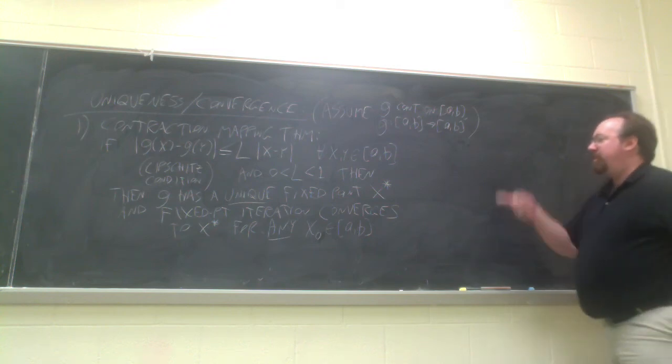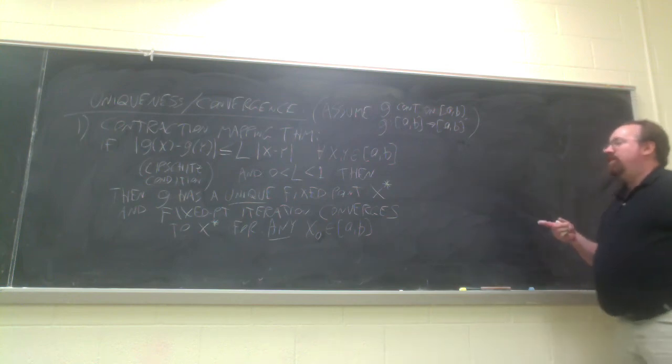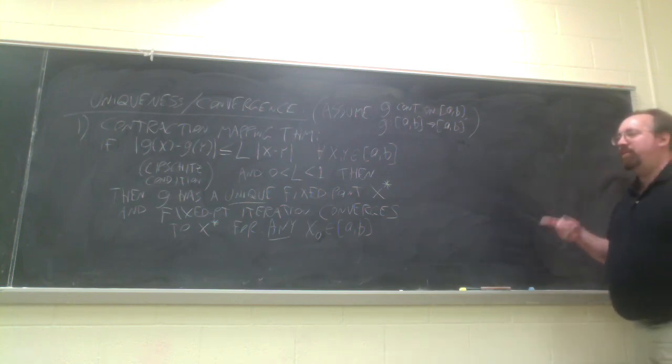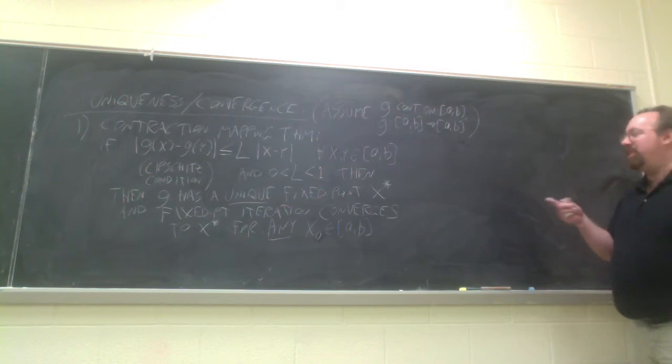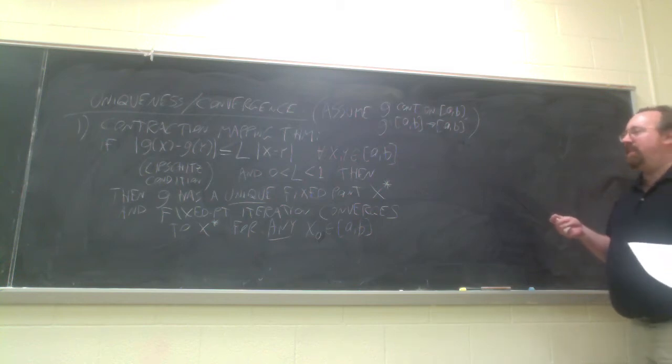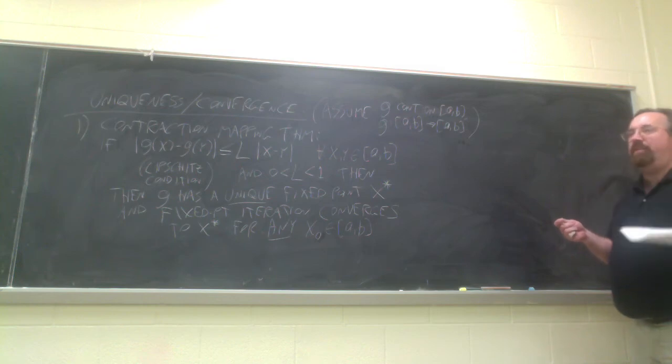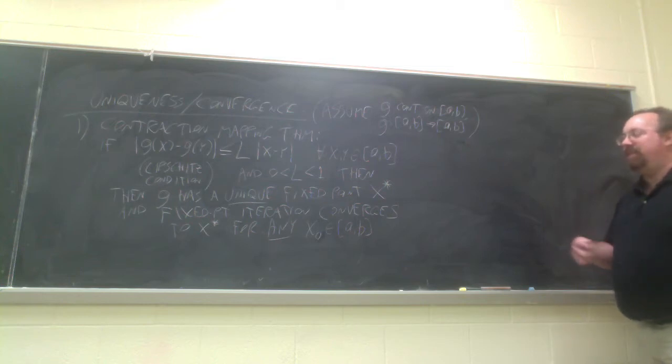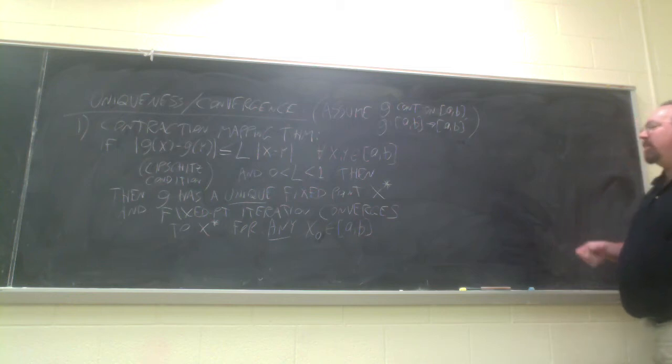And now with L having to be less than 1, the smaller L is, the more rapidly it's going to converge. We'll talk more about this later, but that's what we need to ensure a rapid convergence. In fact, if L is less than 1 but greater than a half, then you can just as easily use bisection, because with bisection you're going to get a 1/2 as your asymptotic error constant.